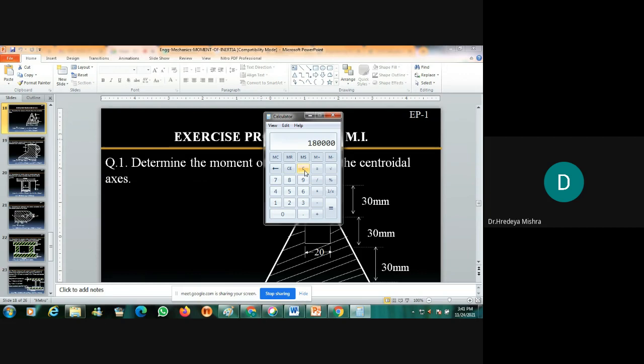Now 6075000 minus 180000 is 5895000, or we can write it as 5.9 into 10 to power 6 millimeter to power 4.